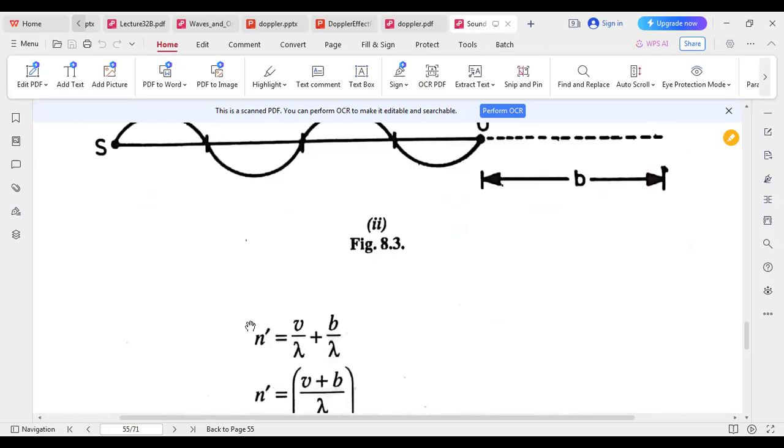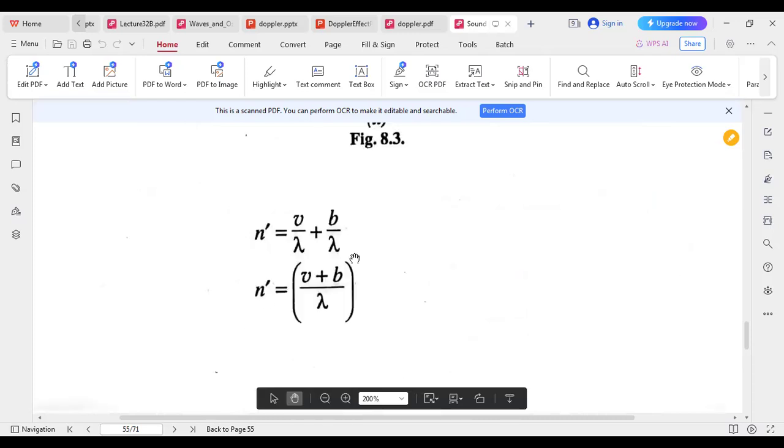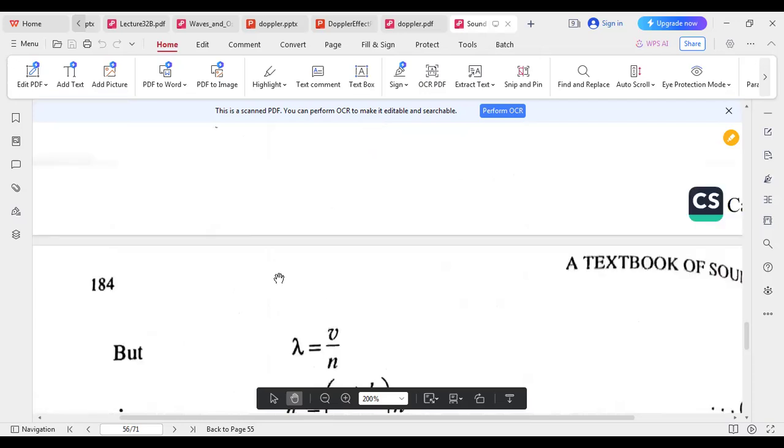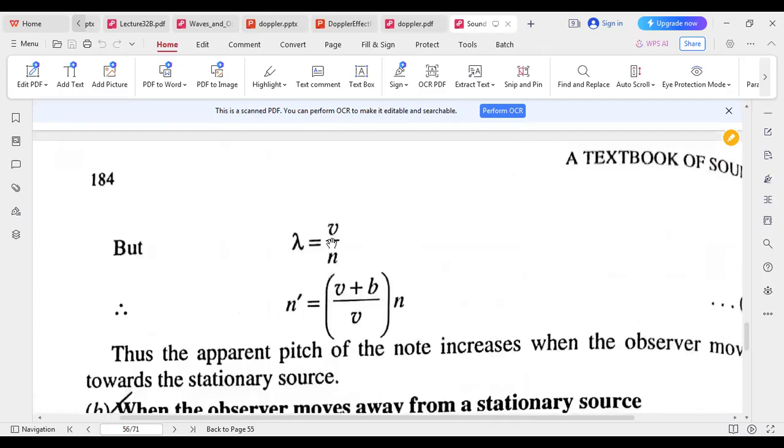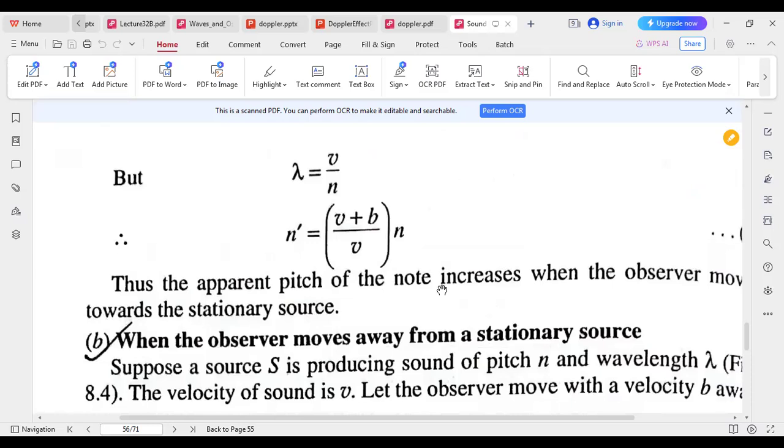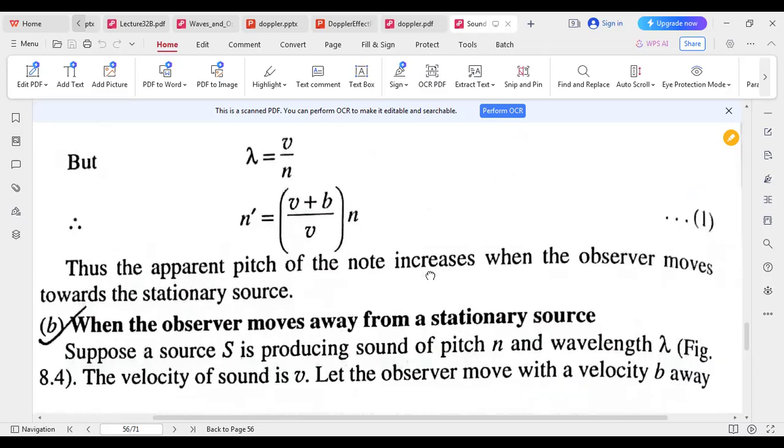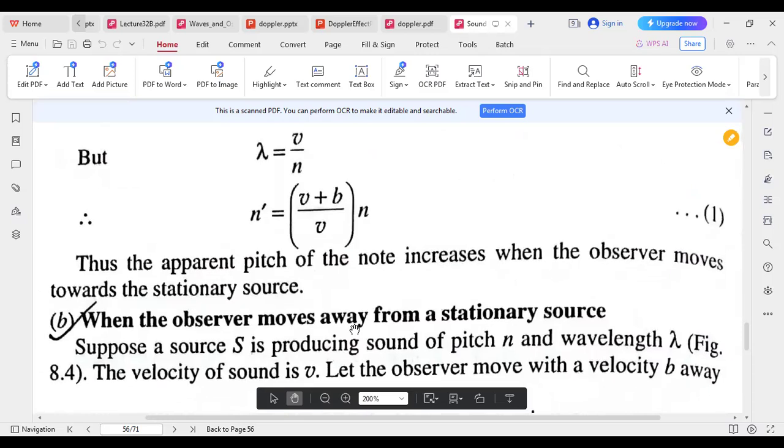So in this case, the apparent pitch will be v by lambda plus b by lambda. So n dash will be this, but v equals n lambda, so lambda equals v by n. Putting the values, we get this. Thus the apparent pitch of the note increases when the observer moves towards the stationary source.